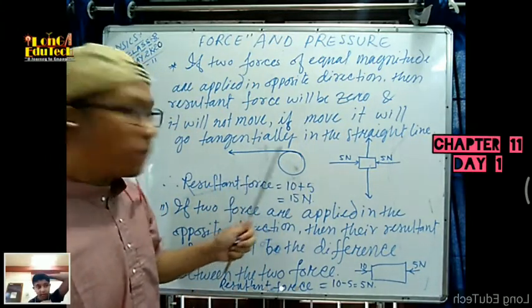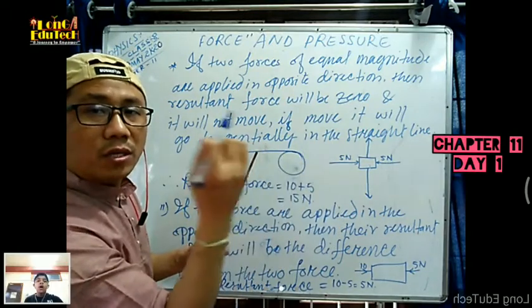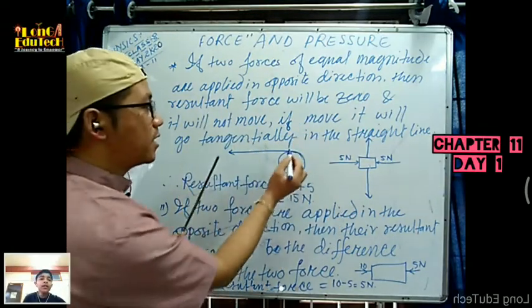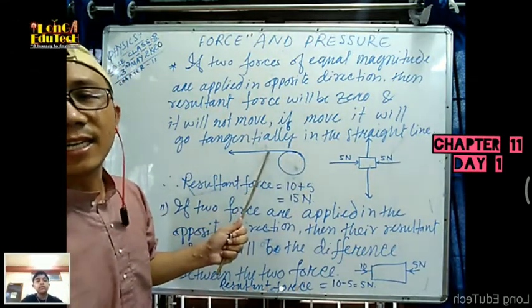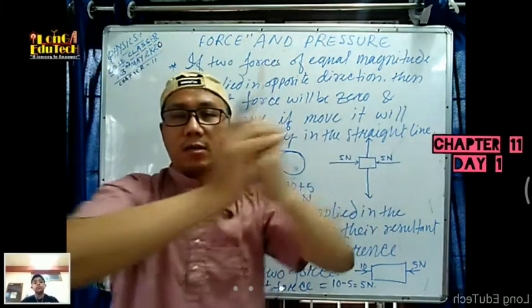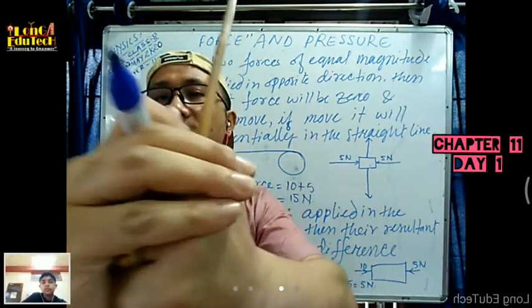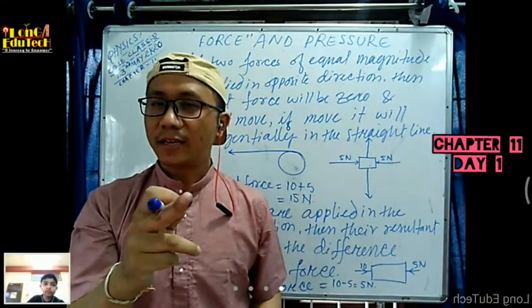Before that it is a circle, right? When you leave the force, suddenly it goes in a straight line, and this is called tangentially. Like that here, if the two forces are equal, then it will go either like this or like this. Got the point? Tangentially?